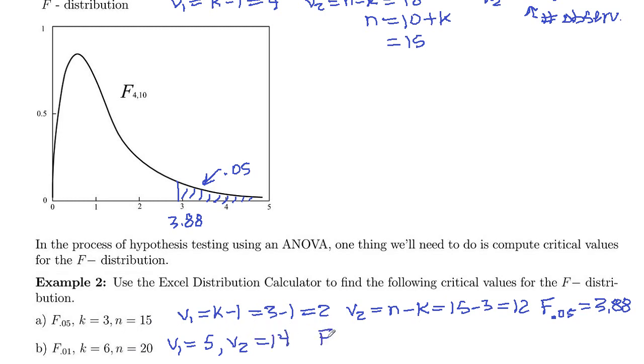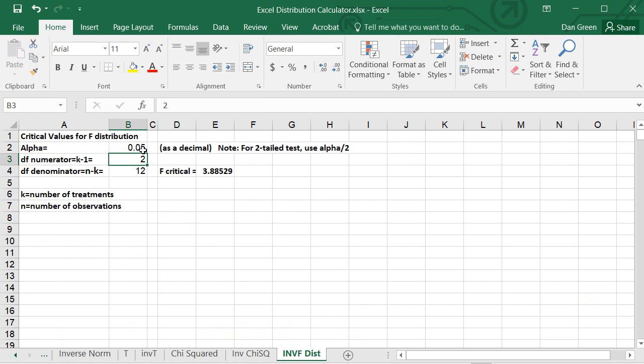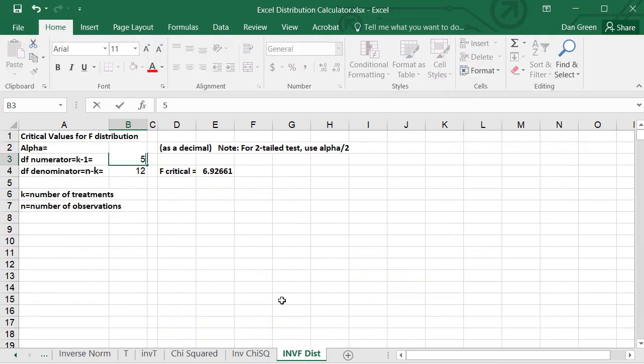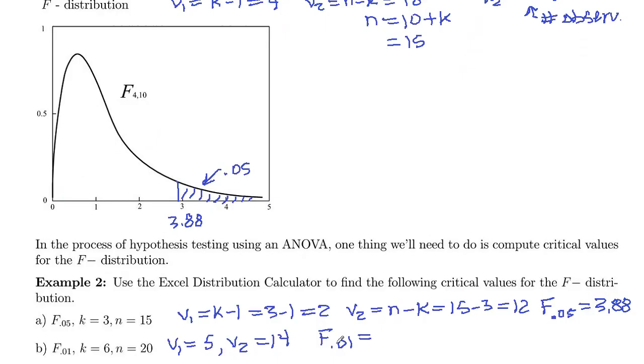So then our F value, F 0.01, with those degrees of freedom, go to the distribution calculator. Alpha now is 0.01. Degrees of freedom are 5 and 14. So 5 is the numerator degrees of freedom, and 14 the denominator. So 4.69 to 2 decimal places.